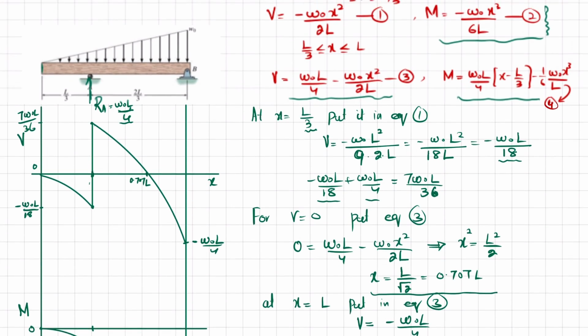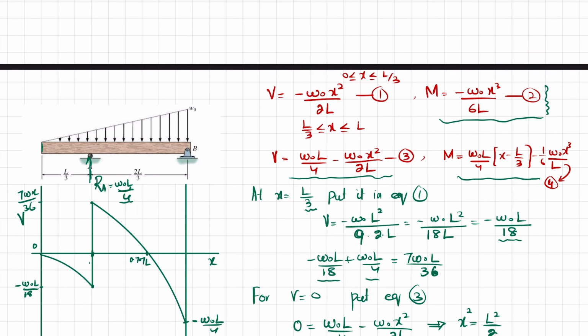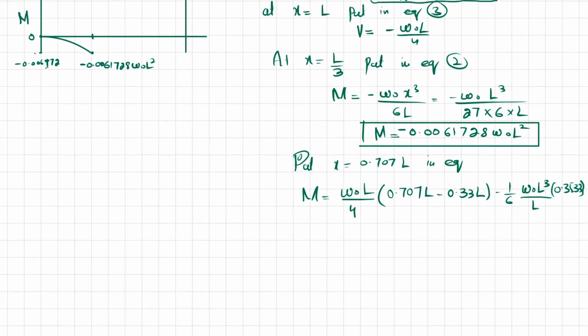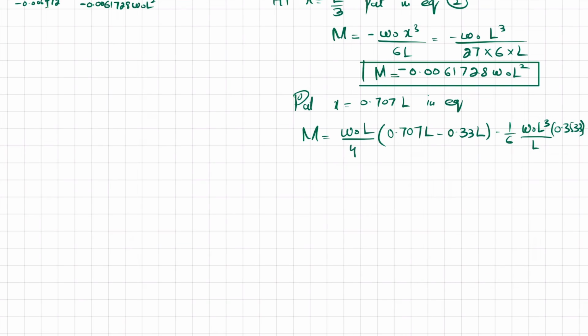You have to put x is equal to 0.707 L in this equation and simplify. You will get this. And after further simplification, you will get moment is equal to 0.036 W naught L square.